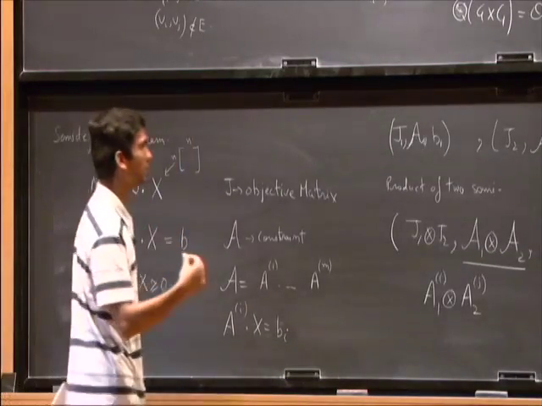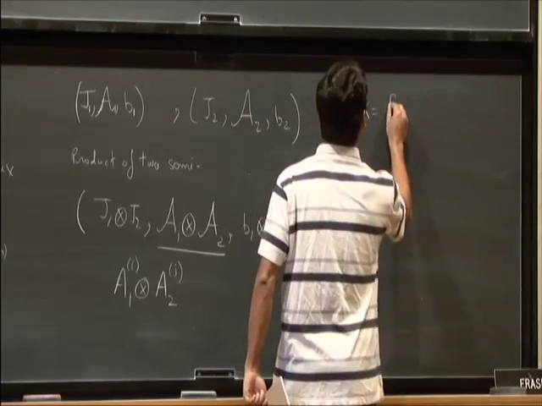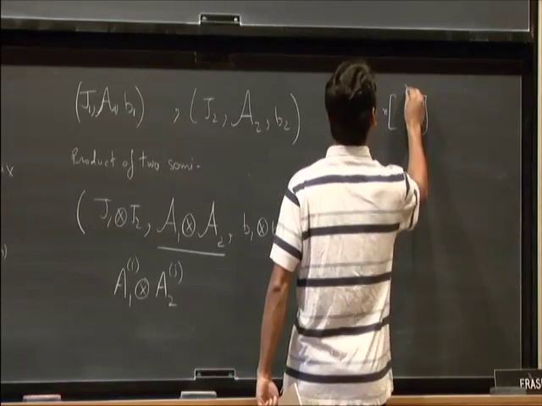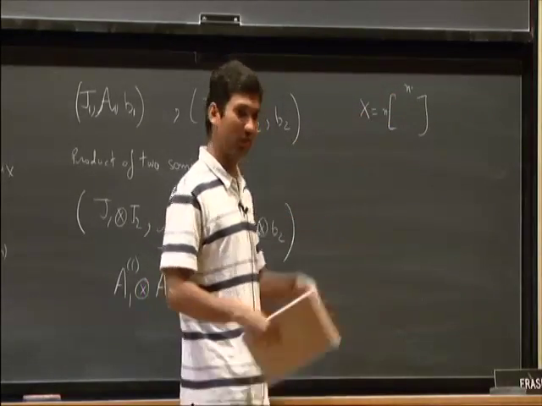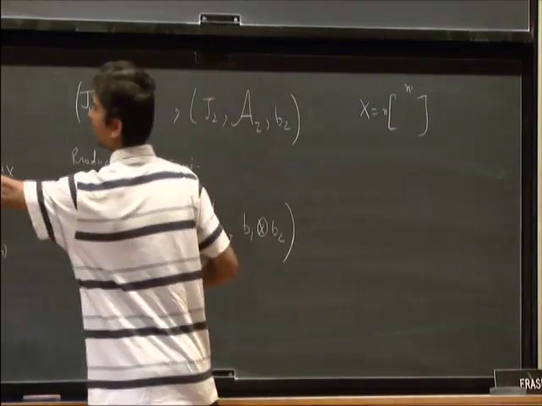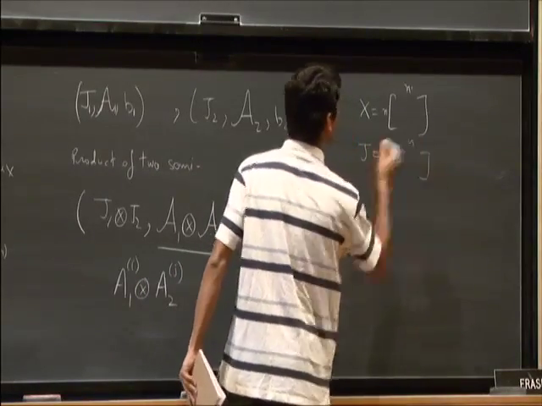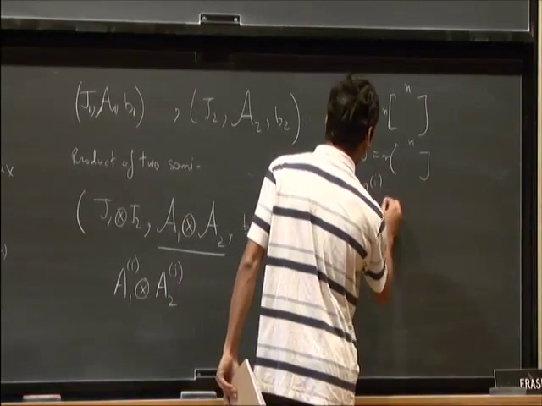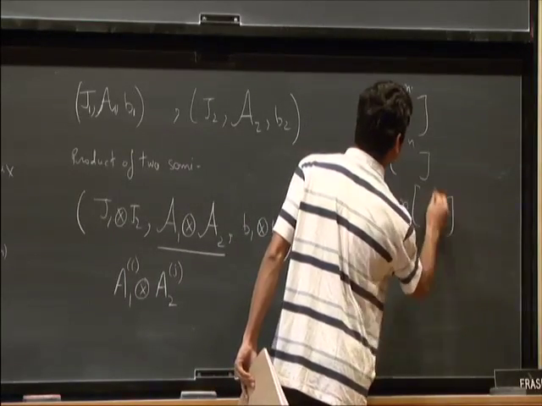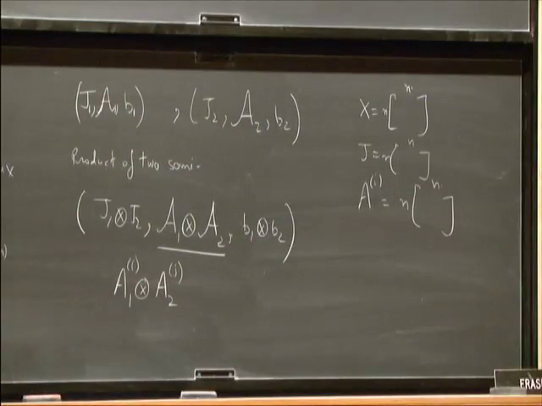Let me write the dimensions of these. My matrices will be square and symmetric. So X is n by n, and since I'm defining this dot product, J is also n by n. All AIs will also be n by n. So what I'm saying is that this defines M constraints.